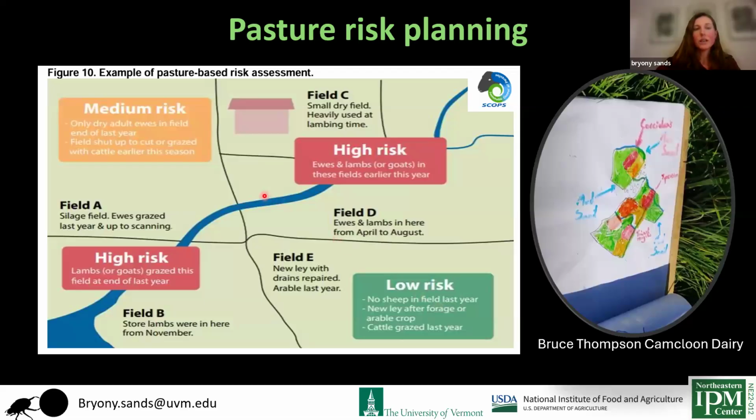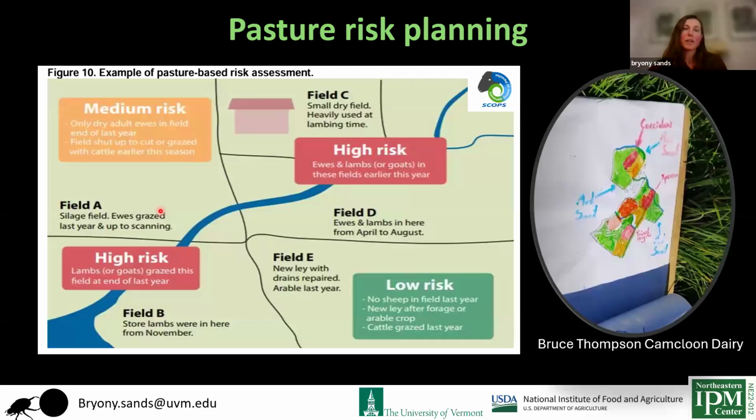Looking at this medium risk pasture, if we graze older animals, especially dry cows, for example, they're pretty resilient to internal parasites and they're not likely to be shedding and transmitting many at all. So a medium risk pasture might have had dry cows earlier in the year, or the previous season.